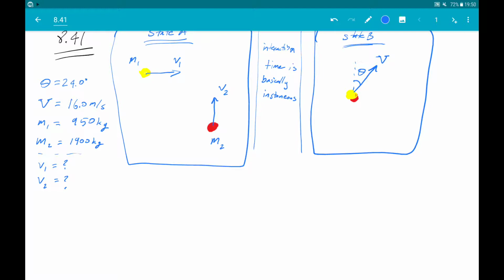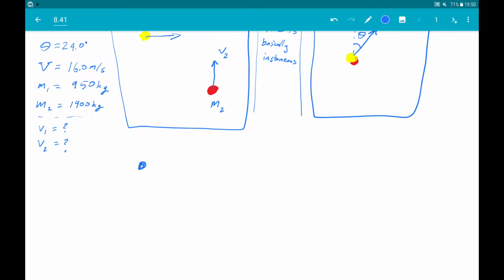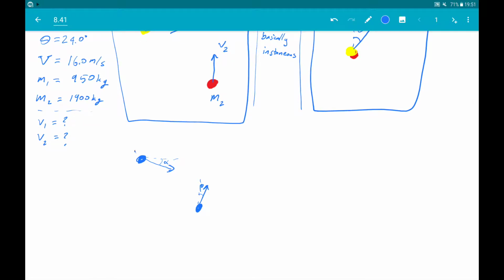It would be an impossible problem if they didn't tell you what angles the car and the truck met at. So, for example, if this was the car and it was going this way, and they didn't tell you this angle, and then here's the truck and it was going something like this. So you don't know what these angles are. You just know the masses.